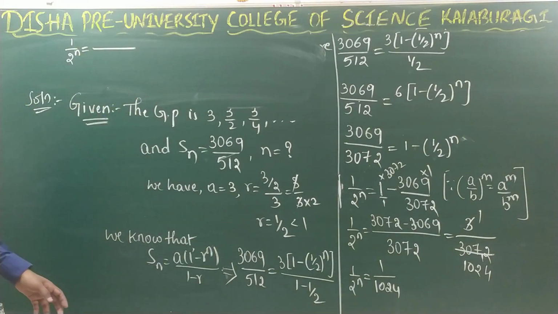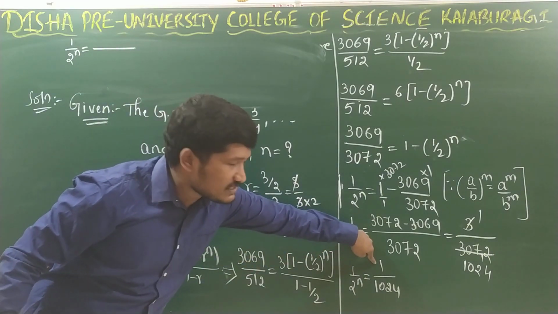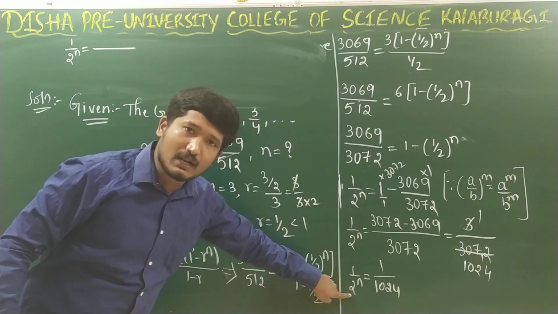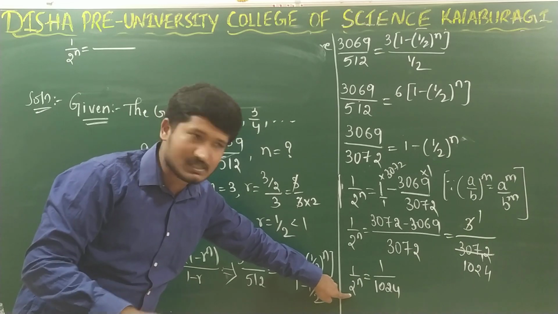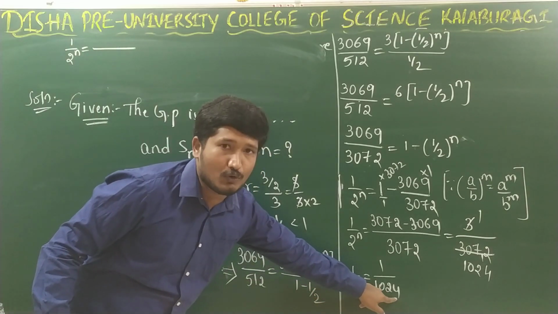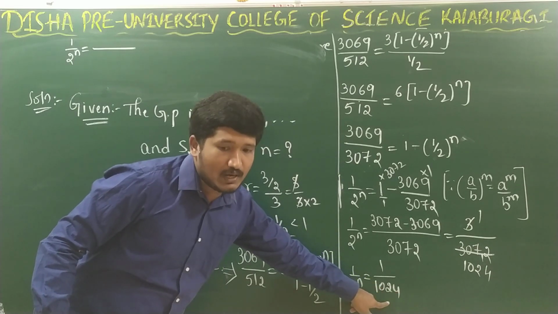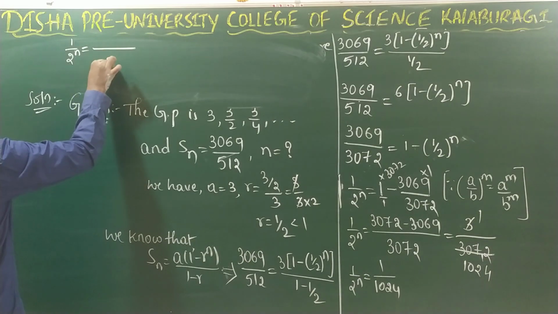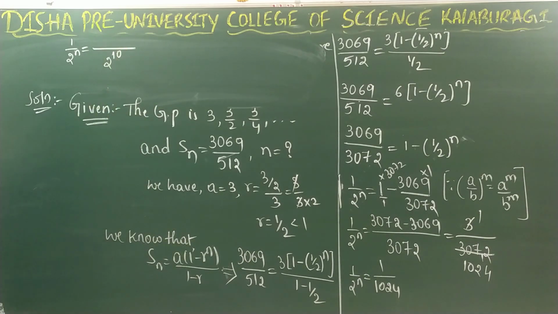See here, numerator is same in both LHS as well as RHS. In the denominator I have 2 power n in the LHS. In the RHS I have 1024. Right? This 1024 can be written as 2 power 10.